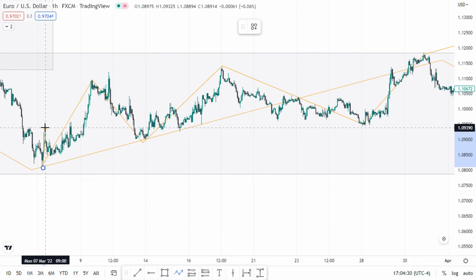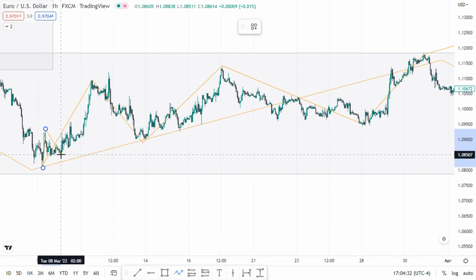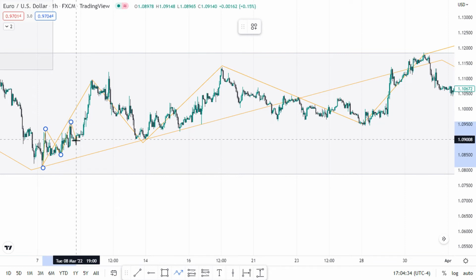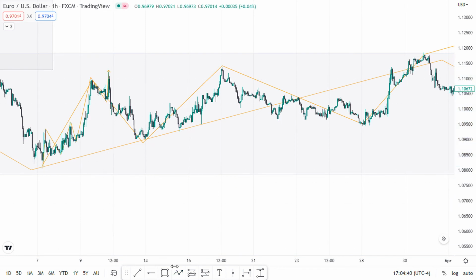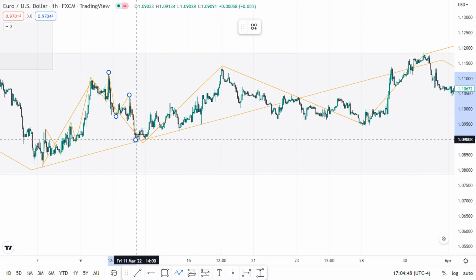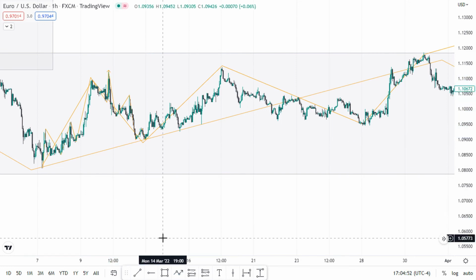Likewise, price was making higher lows, higher highs, and then a higher high. And afterwards, price began making a downtrend, which made lower high, lower low, lower high, lower low, lower high, lower low, and then it changed.